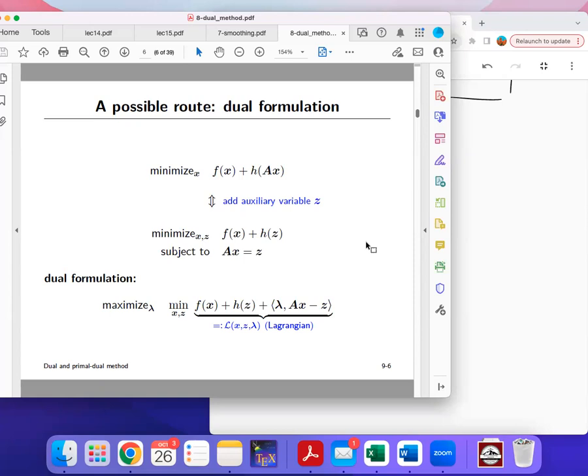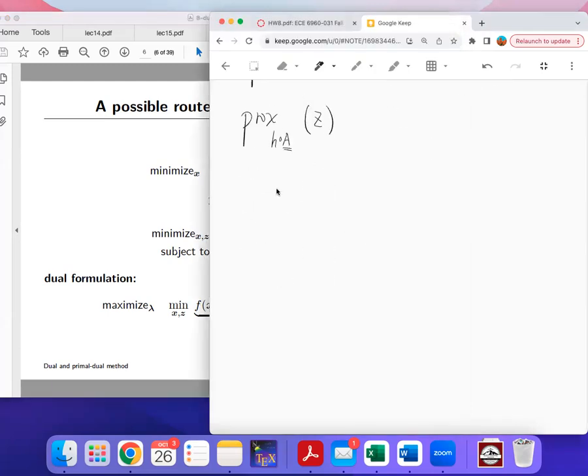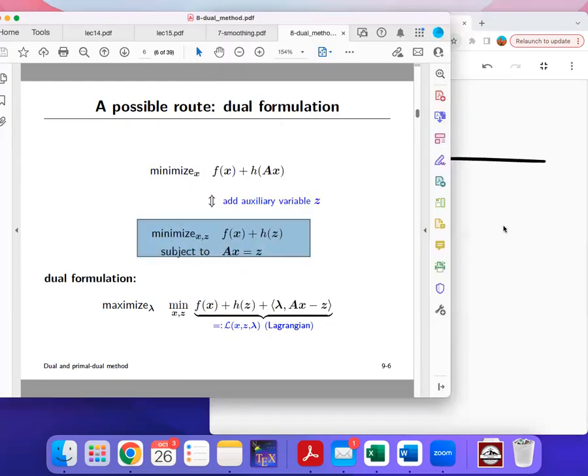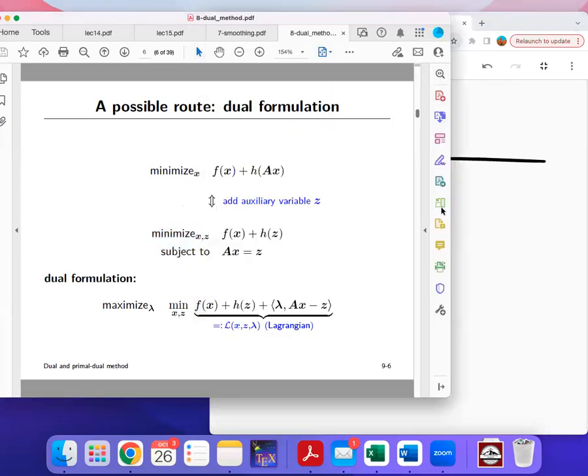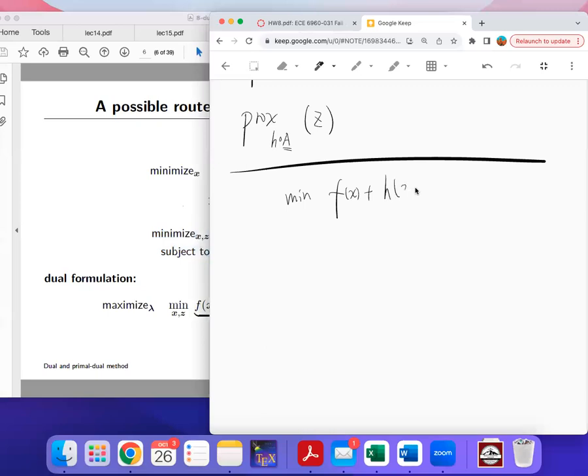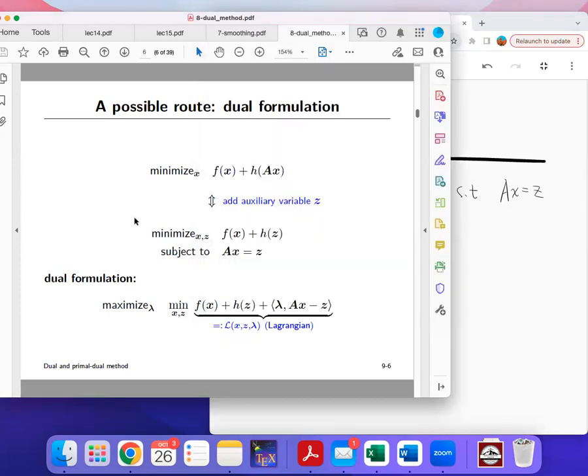Actually, this dual formulation is related to the Lagrangian multiplier method. So what we usually do is this. Let's look at this problem first: minimize f(x) plus h(z) subject to Ax equals z.